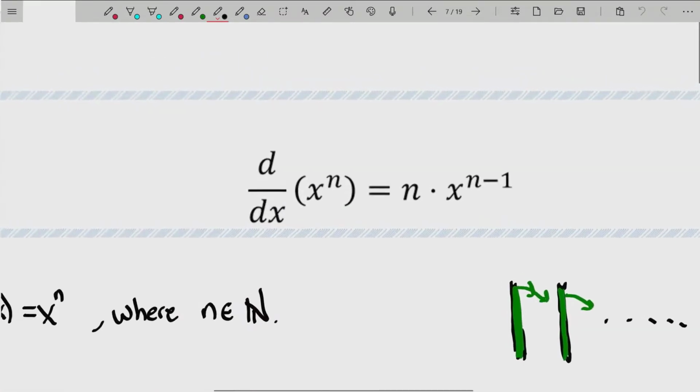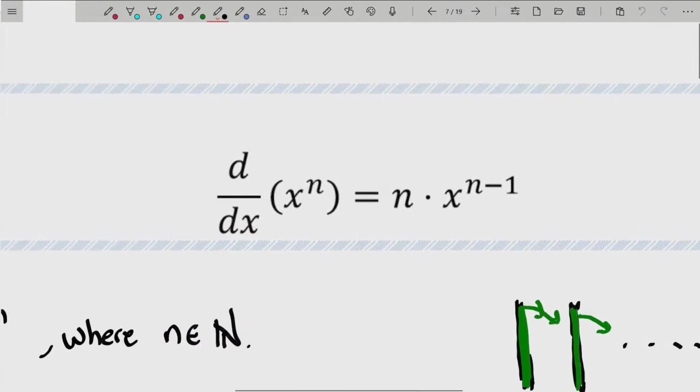This theorem right here that we proved last video. That theorem is incredibly powerful. It's also incredibly abused because people want to use that theorem when they should not use that theorem.